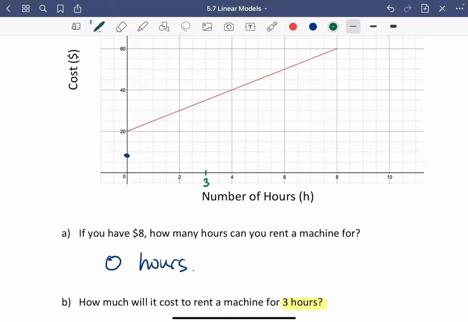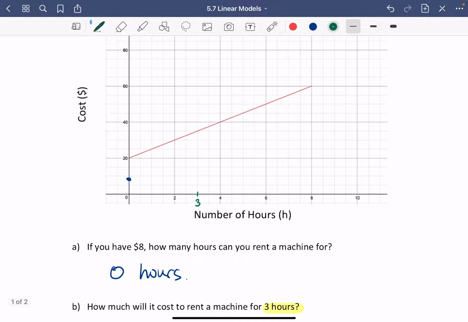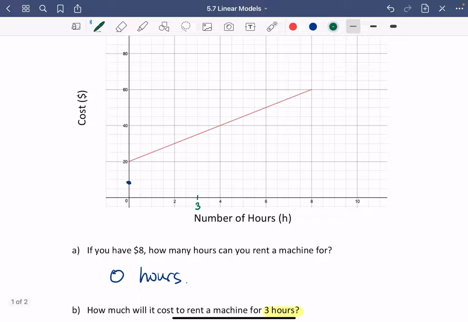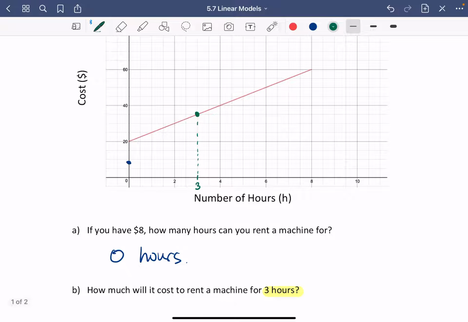For 3 hours, the corresponding cost will be here. This is the corresponding cost for renting 3 hours. So that's 35.